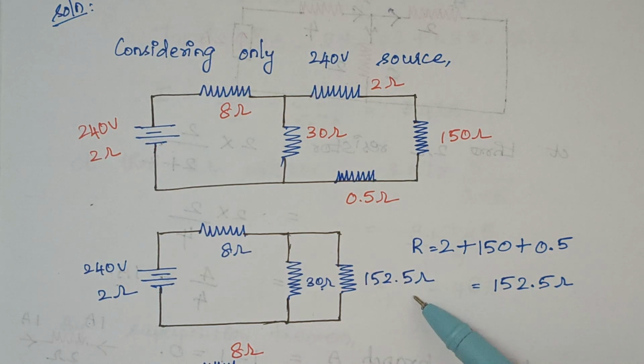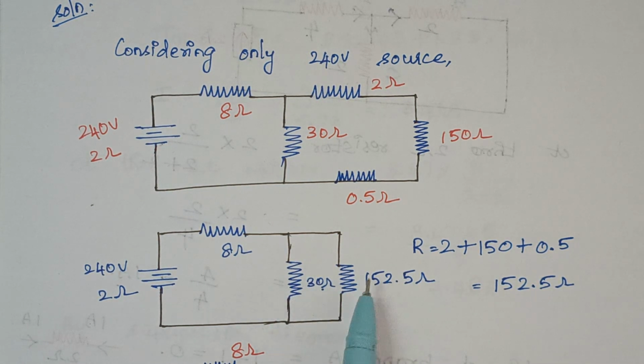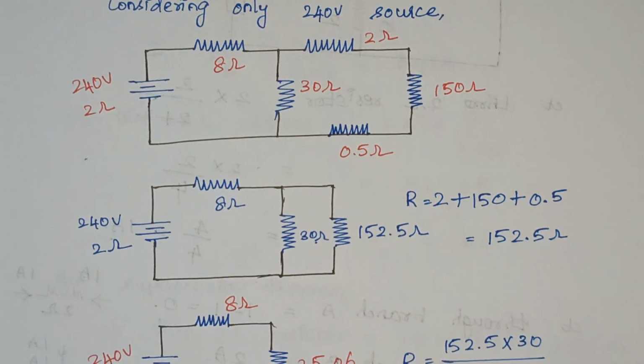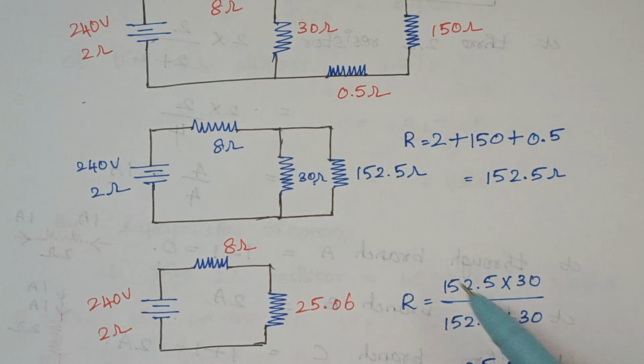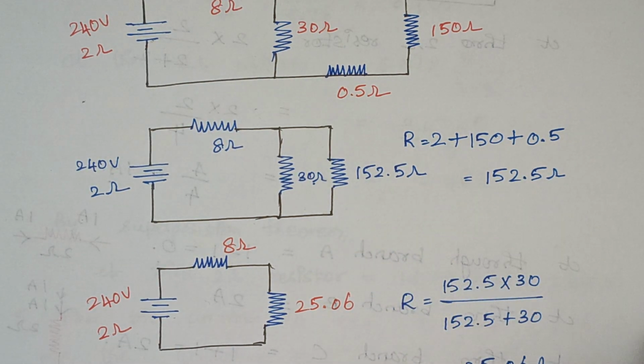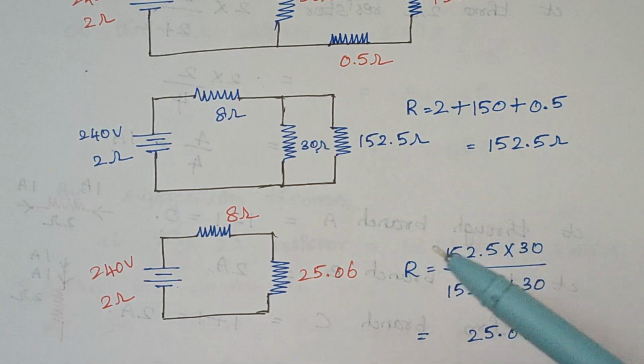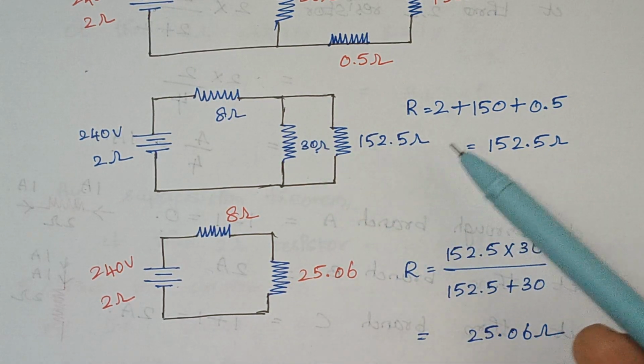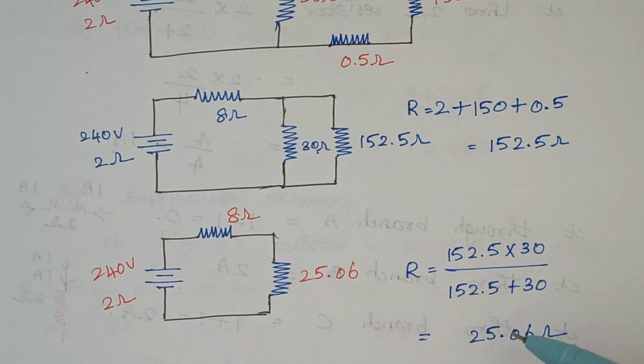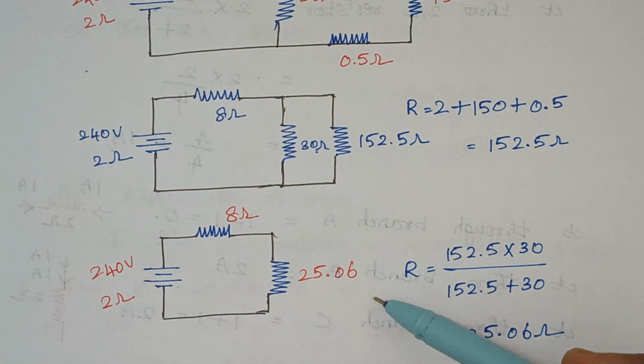So we are getting 152.5 ohms. Then the next thing is you see these two resistors are in parallel. So now we are going to calculate the total resistance of this parallel combination, which is nothing but R1 into R2 divided by R1 plus R2. So that gives the answer as 25.06 ohms, right?